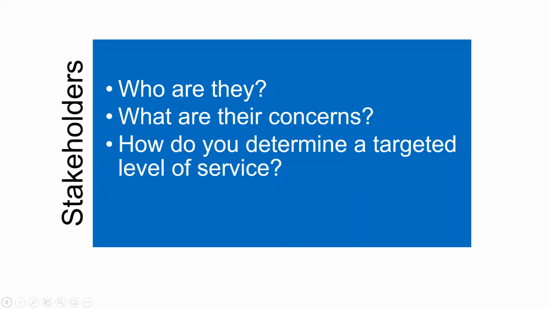And as you begin working through this, the first thing you have to do is figure out, who are my stakeholders? And again, that might be the county officials, the city officials, it's definitely the public. There also might be special interest groups that are concerned.